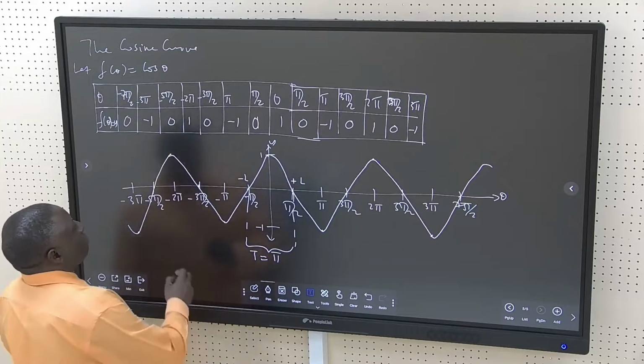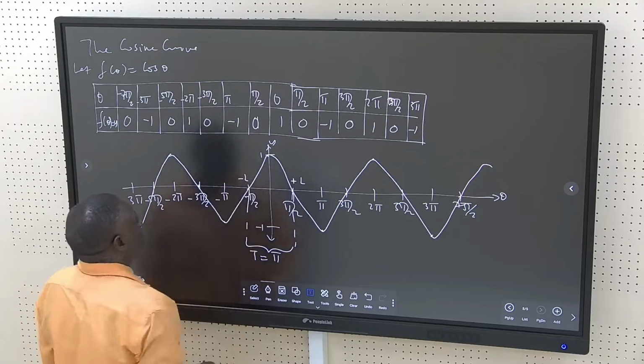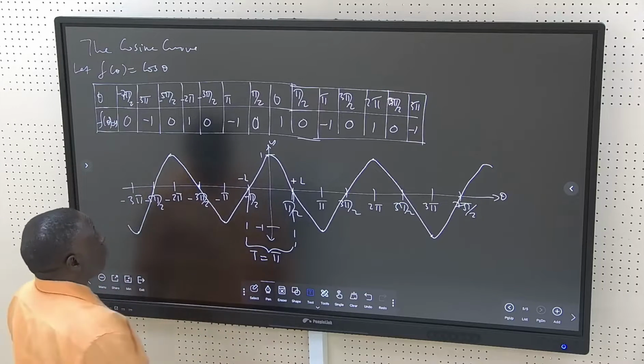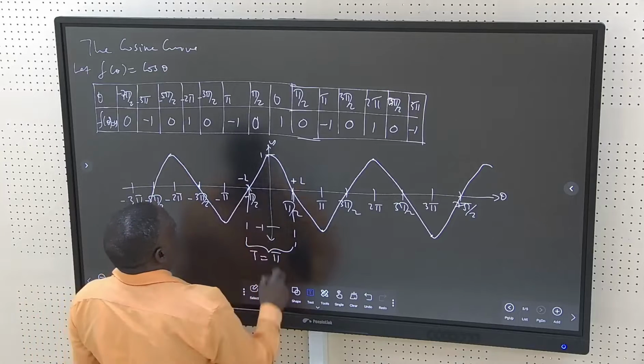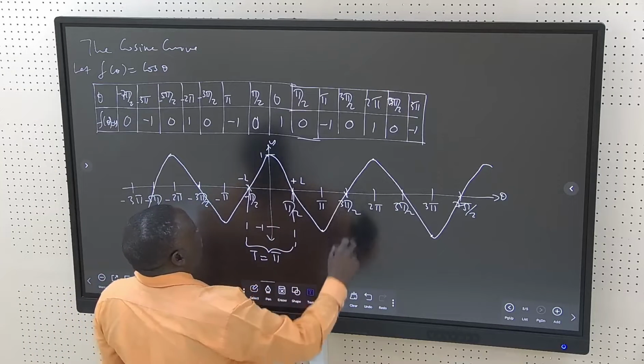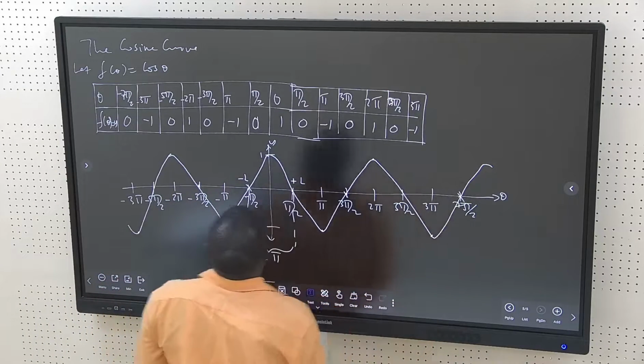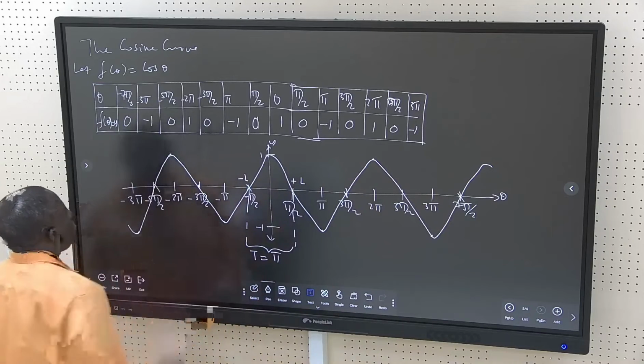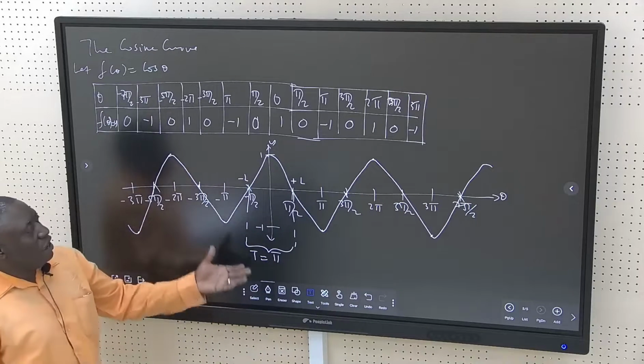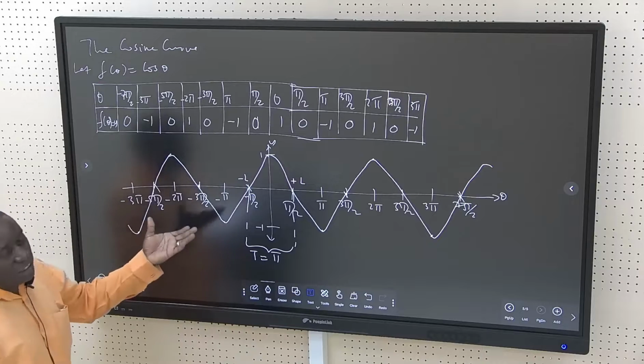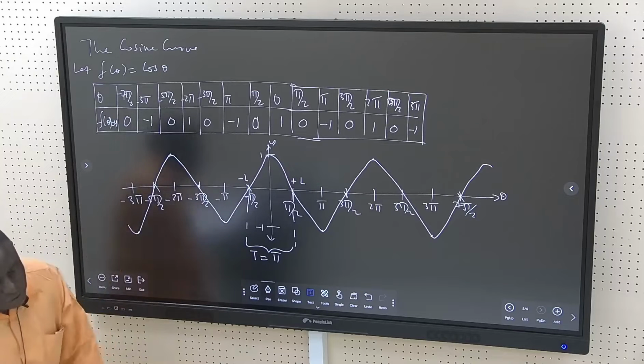If you start from here or wherever you start, you can see how it copies and repeats itself. If you start here, then it copies and ends here. Likewise, it ends here. You can see the way it is copying and pasting itself. But don't confuse it with the symmetric region.